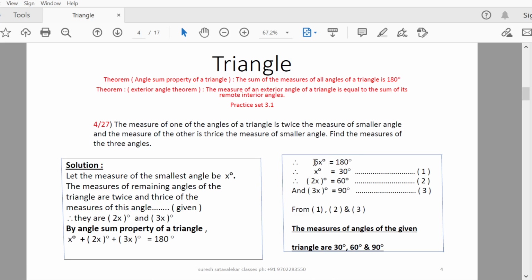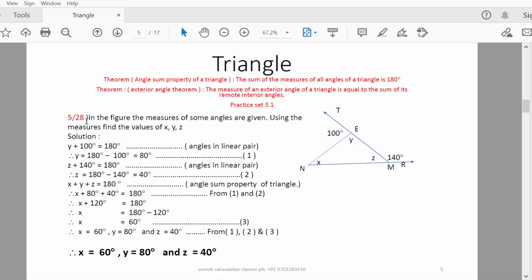If we divide both sides by 6, we get x degrees is equal to 30 degrees. So, one of the angles is 30 degrees. The other is twice of that. So, 2x degrees means 2 into 30, that is 60 degrees, and the third is 3x. So 3x degrees means 3 into 30 degrees, that is 90 degrees. So from results 1 to 3, the measures of the angles of the given triangle are 30 degrees, 60 degrees and 90 degrees.